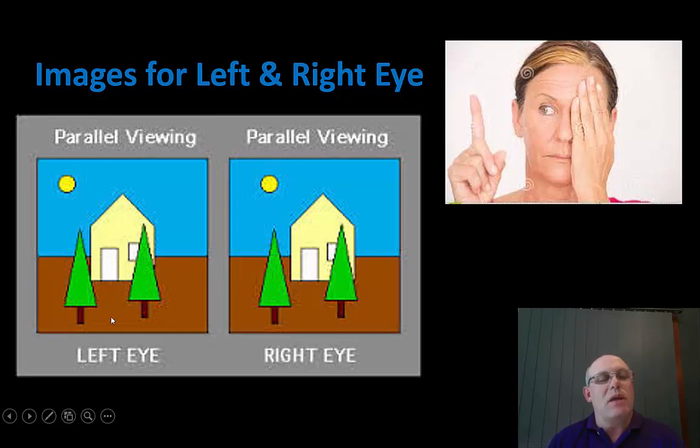Basically what you're getting is a shift in the image compared to where your eyes are seeing from, so your point of view. If you look at the two pictures here, they're slightly different, aren't they? If you can see one image with your left eye and one image with your right eye, that's essentially how 3D cinema is made.